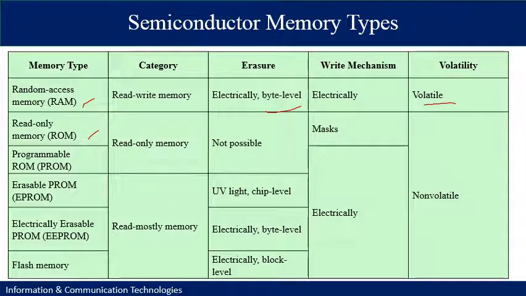The second type of memory is the read-only memory or the ROM, and it includes read-only memory and programmable read-only memory. You cannot write in these types of memories, and you also cannot erase them.